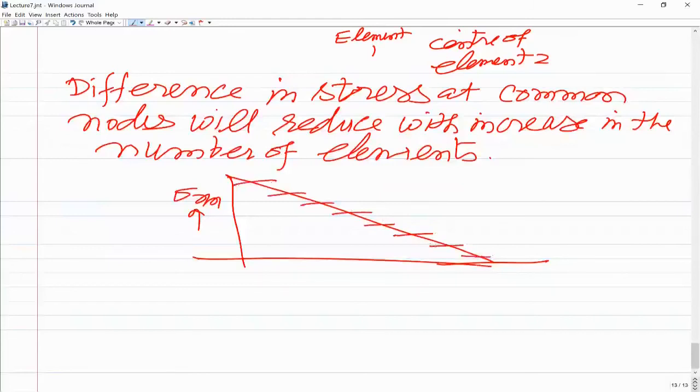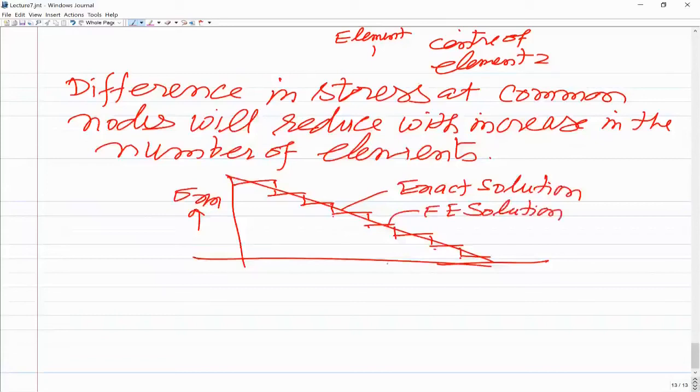You will see that the mismatch at the common nodes will actually reduce with the increasing number of elements. This will be the exact solution, and these are the FE solution, like a staircase FE solution. This side is X. So this is what we actually expect.